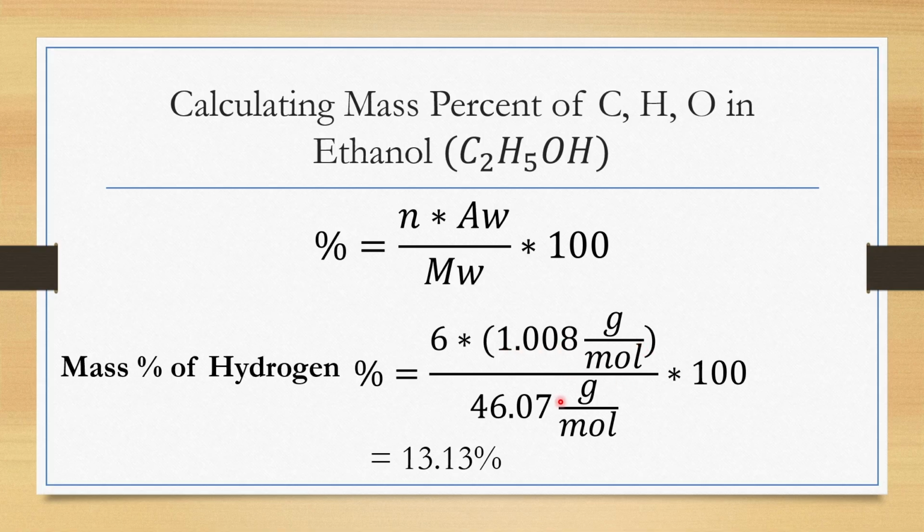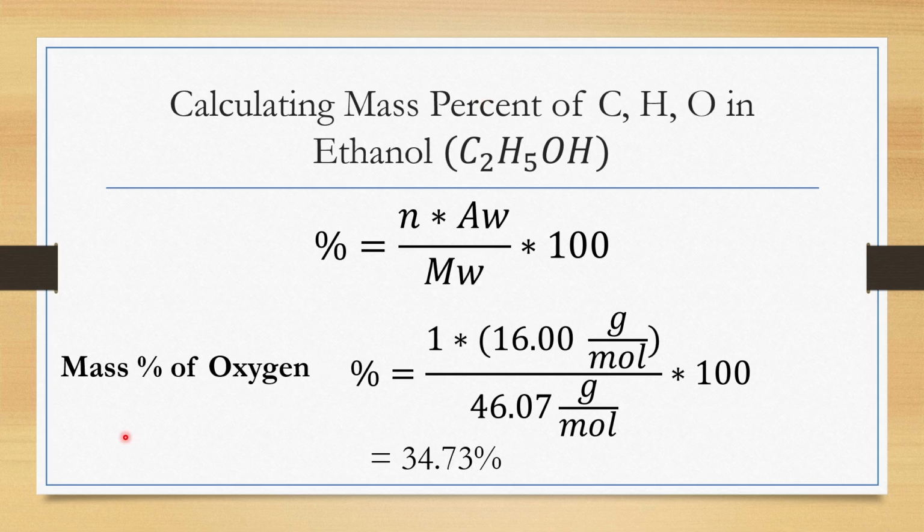And then we found the molecular weight of ethanol on the first slide as well, which is 46.07 grams per mole. If we multiply that by 100, we get the mass percent, which is equal to 13.13%.